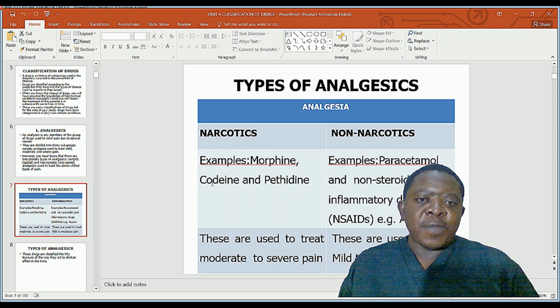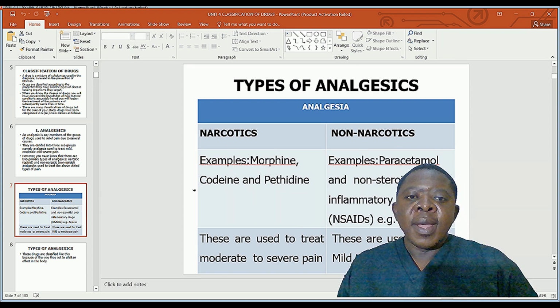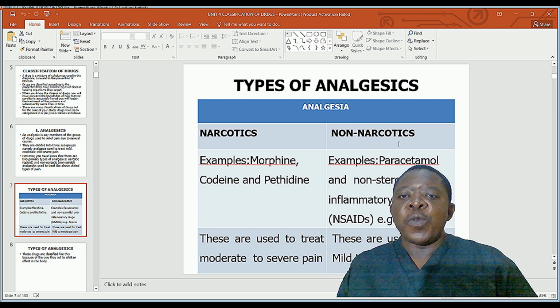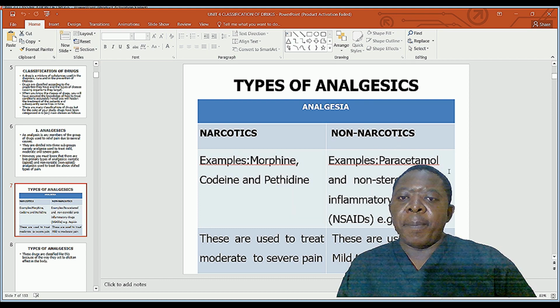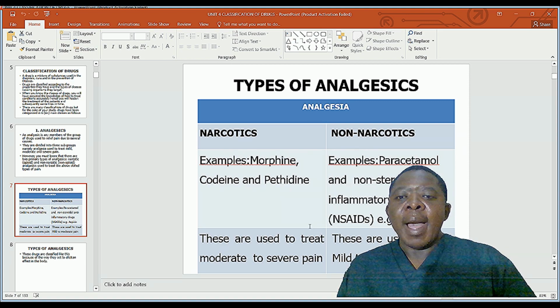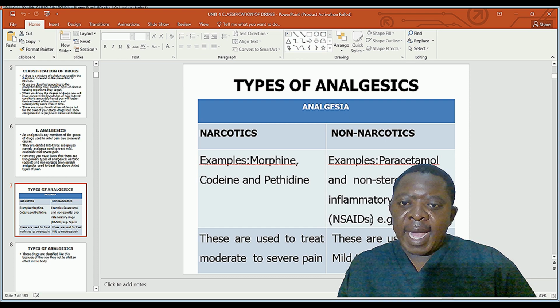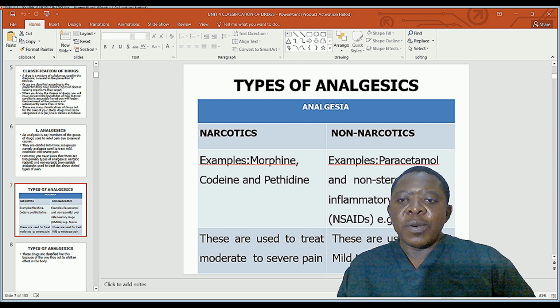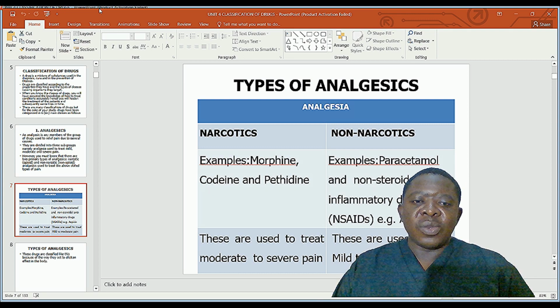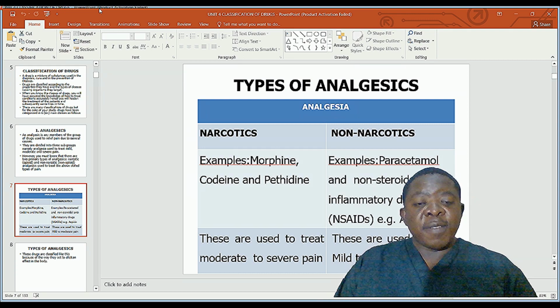Examples of narcotics include morphine, codeine, and pethidine. Examples of non-narcotics include paracetamol and non-steroidal anti-inflammatory drugs, abbreviated as NSAIDs, for instance aspirin. Narcotics are used to treat moderate to severe pain.